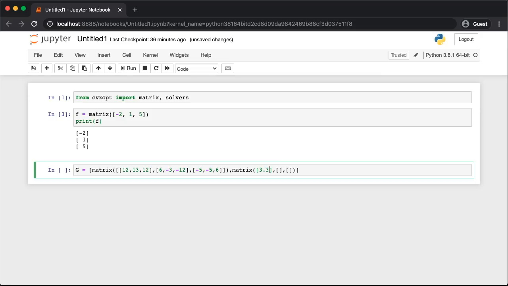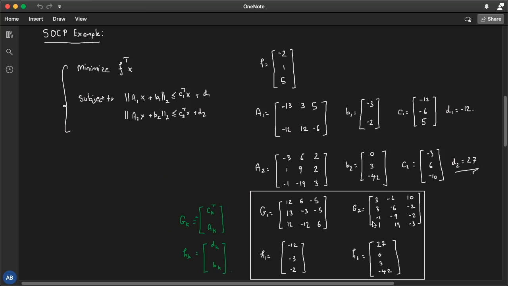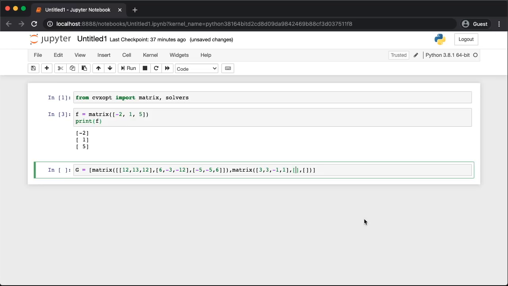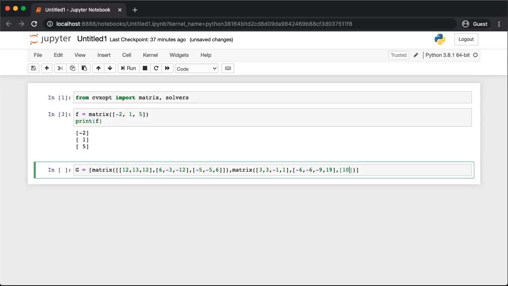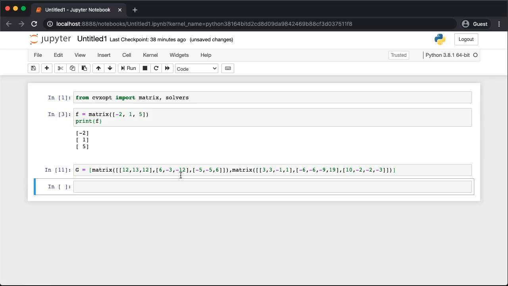The second column contains minus 6, minus 6, minus 9, and 19. And the last column contains 10, minus 2, minus 2, minus 3. So there you go. This is my G matrix.